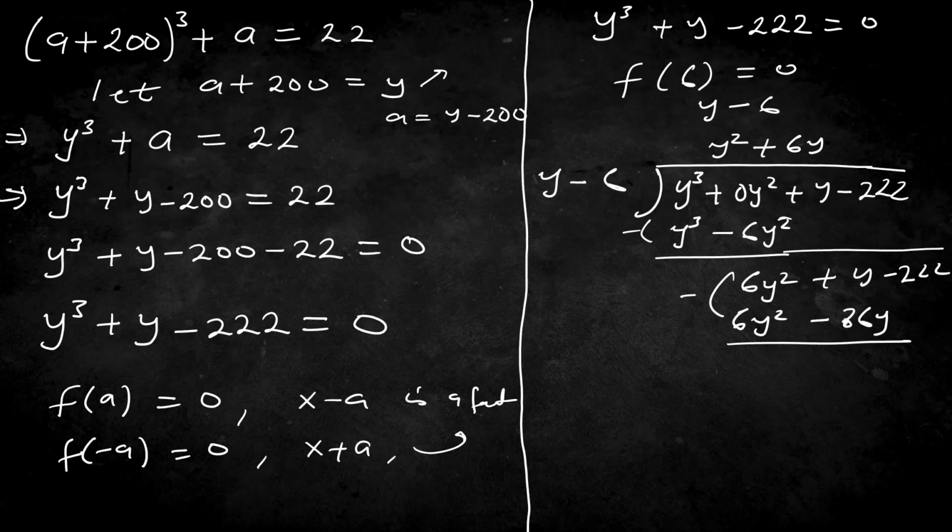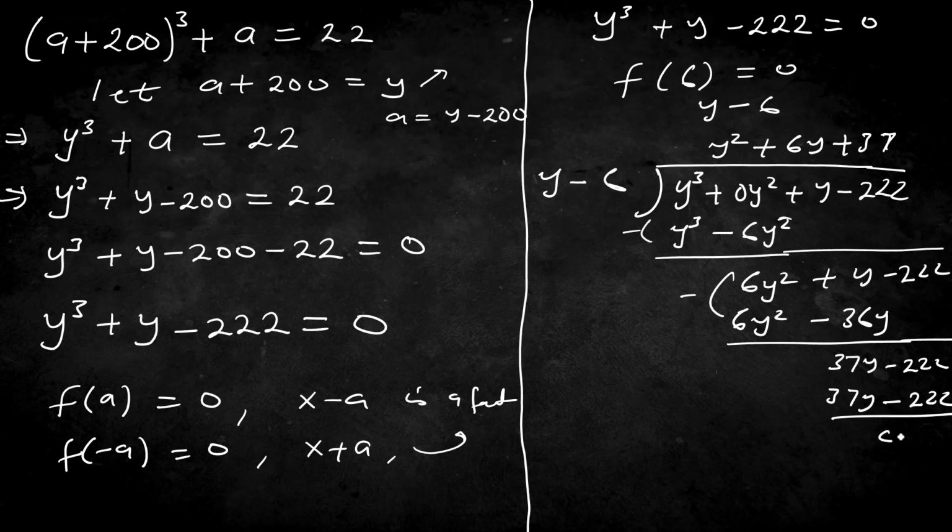So we have plus 37y minus 222. The next term is plus 37, so 37 times y minus 6 is 37y minus 222.